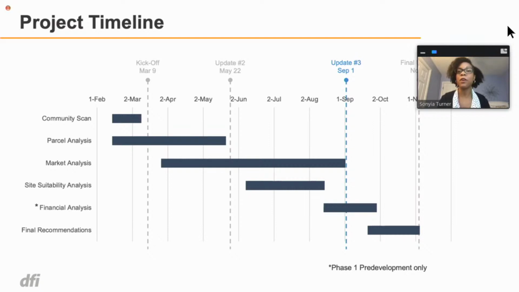And then today, market analysis, which is what I'll be sharing with you. We look at site analysis. That's where we start to identify within our opportunity site ID services, which sites present the most catalytic redevelopment opportunity. We do a high-level financial analysis, and then we'll be back hopefully soon to present our final recommendations for the work that we've done.